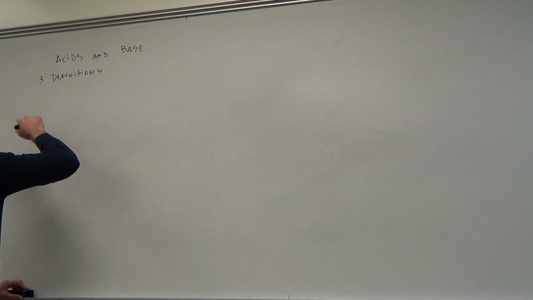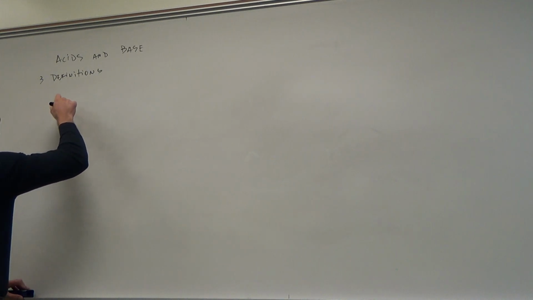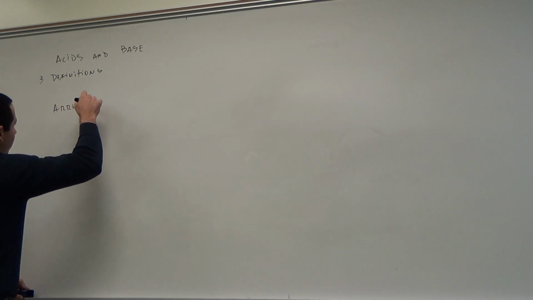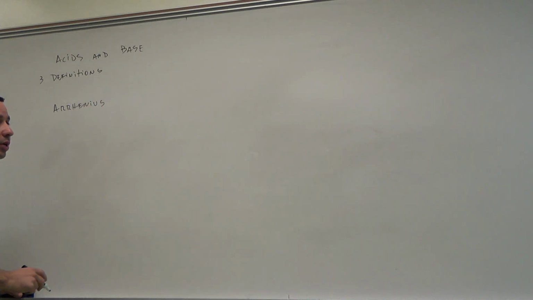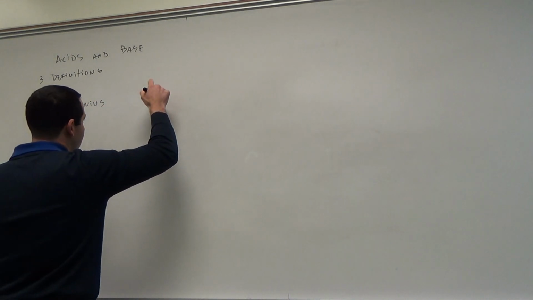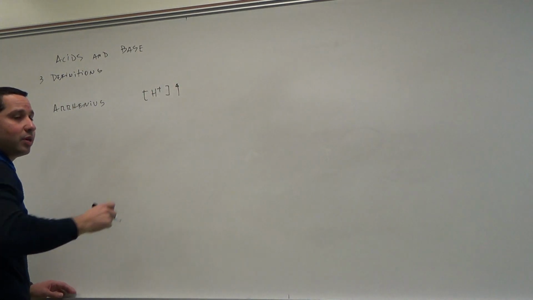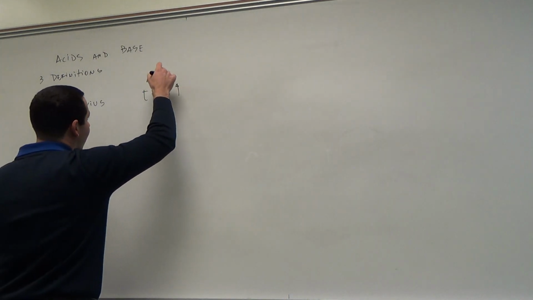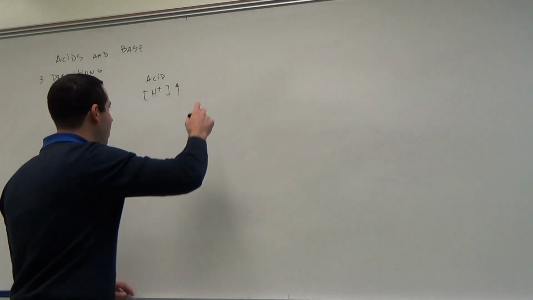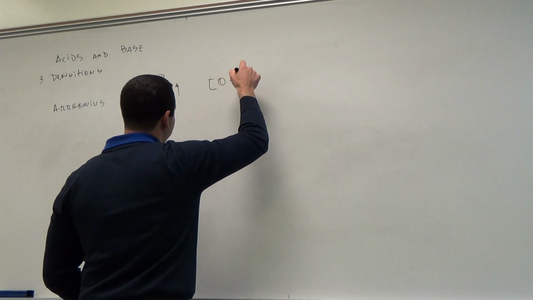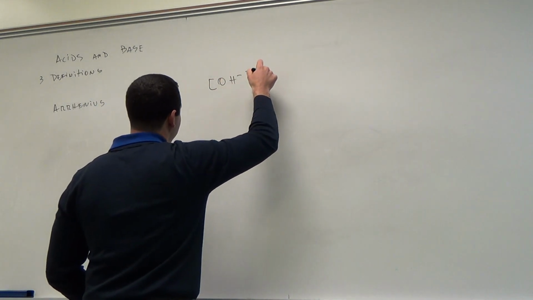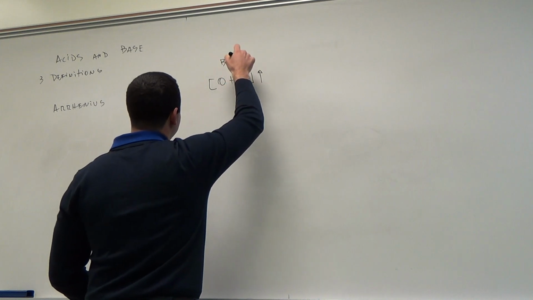One was called the what? Arrhenius. And the Arrhenius said that if the concentration of H plus goes up, this is called an acid. And if the concentration of OH minus goes up, this is a base.